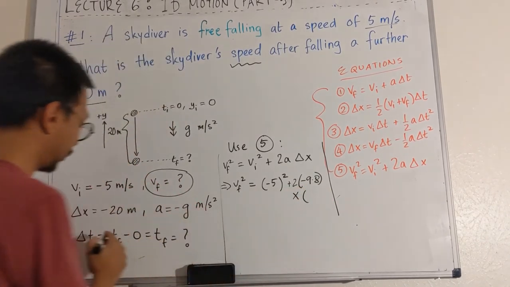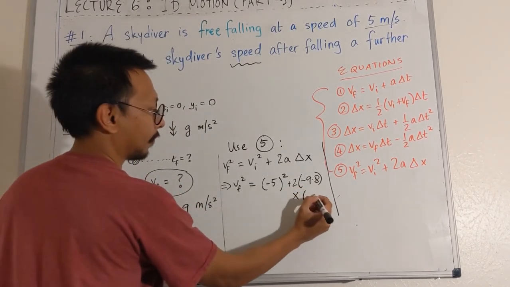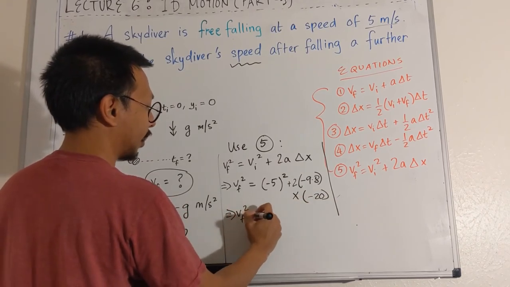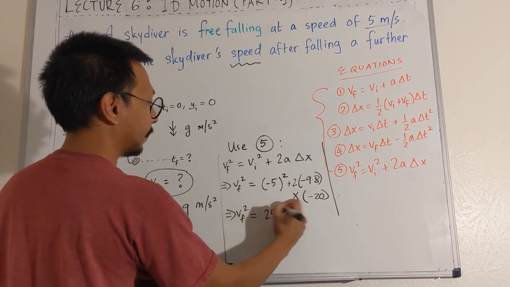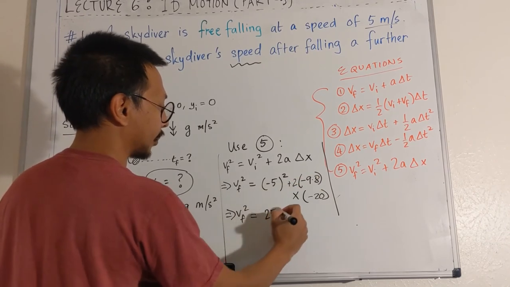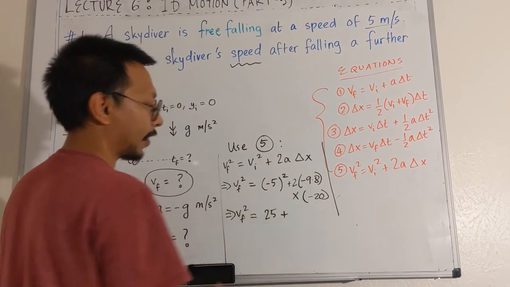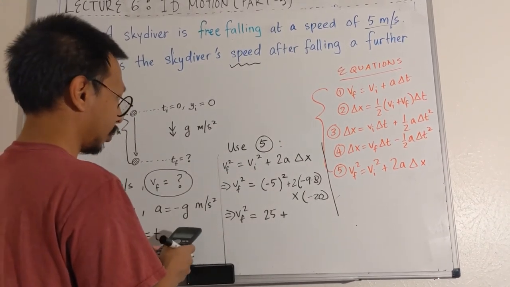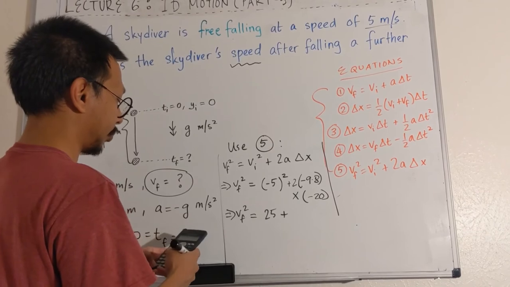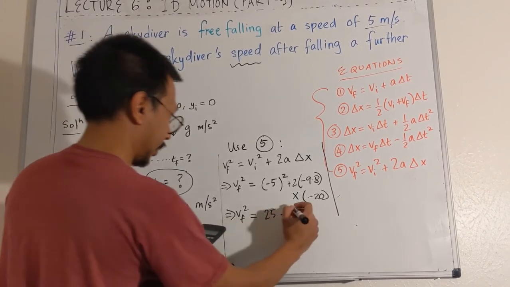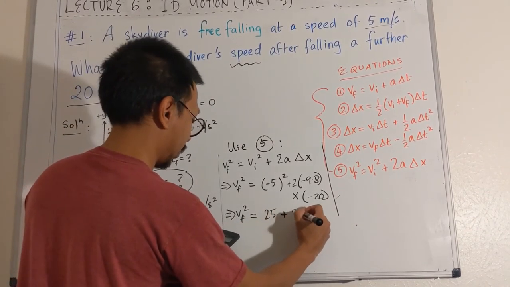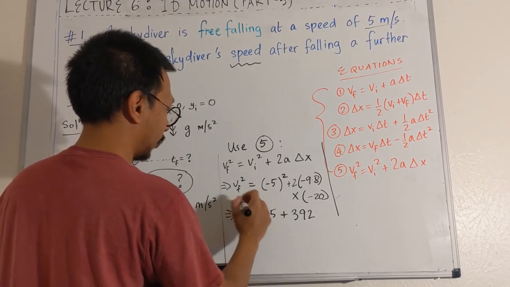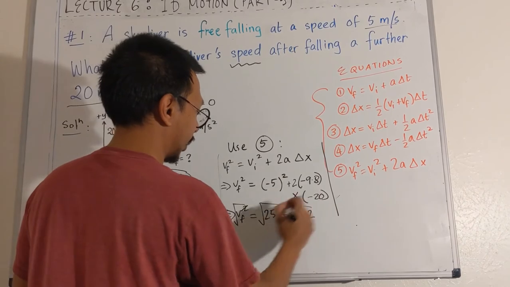Delta x is negative 20. So what is Vf squared? Vf squared is 25. Minus minus is a plus. 25 plus 2 times 9.8 times 20 is 392. So we square root both sides to get Vf.